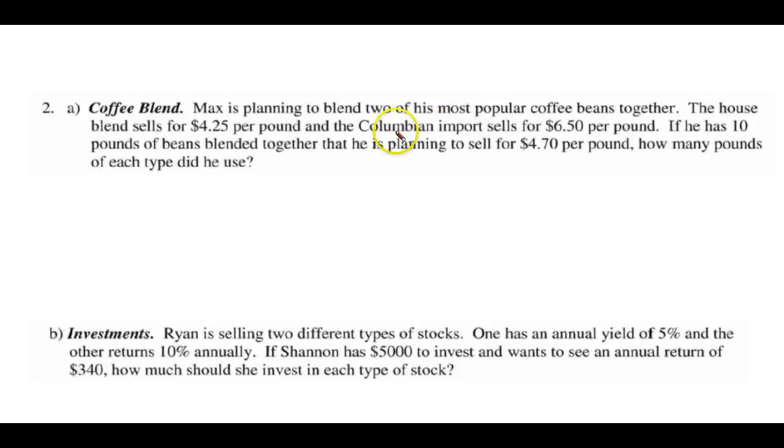And over here we have a Columbia blend that we can call C. And up here we have a house blend that we can call H. And we know that the amount of pounds of Columbia blend, C, plus the amount of house blend, H, is going to equal 10.